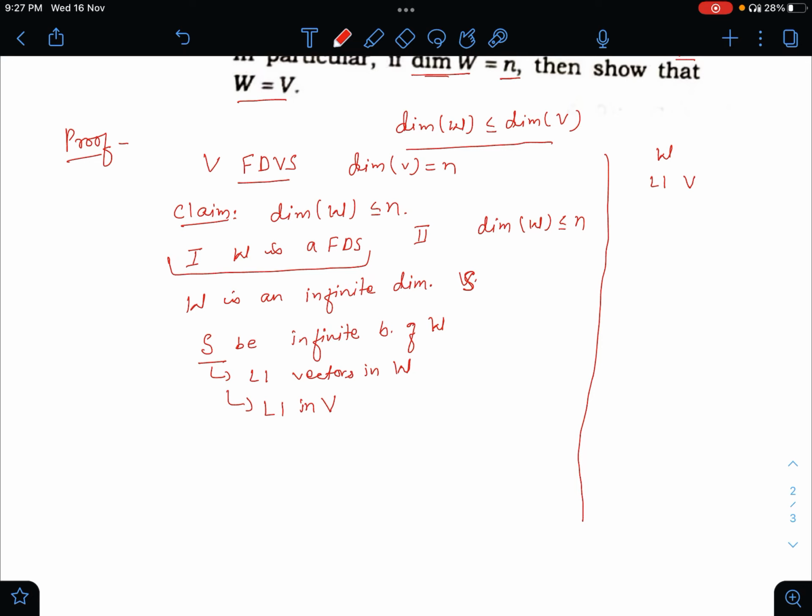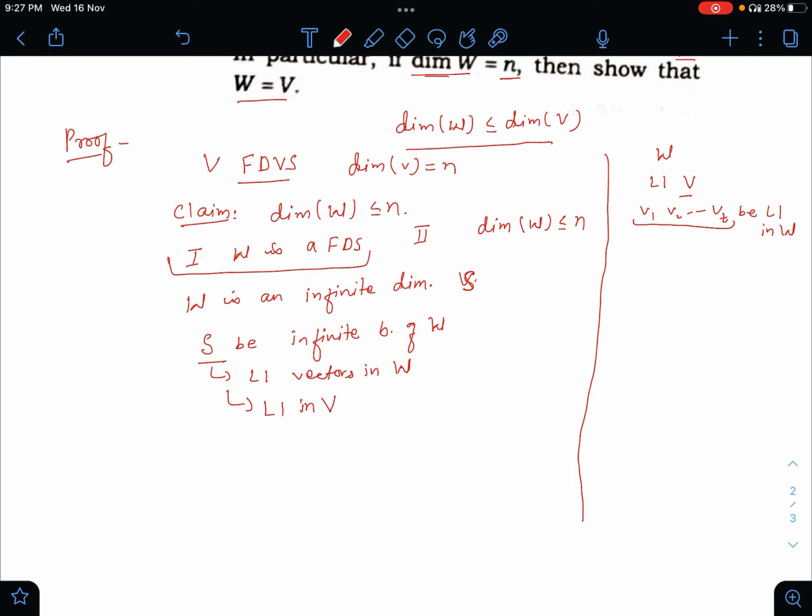To prove that, let us assume that V1, V2, ..., Vt is a set of linearly independent vectors in W. We need to prove that these vectors are linearly independent in V also.